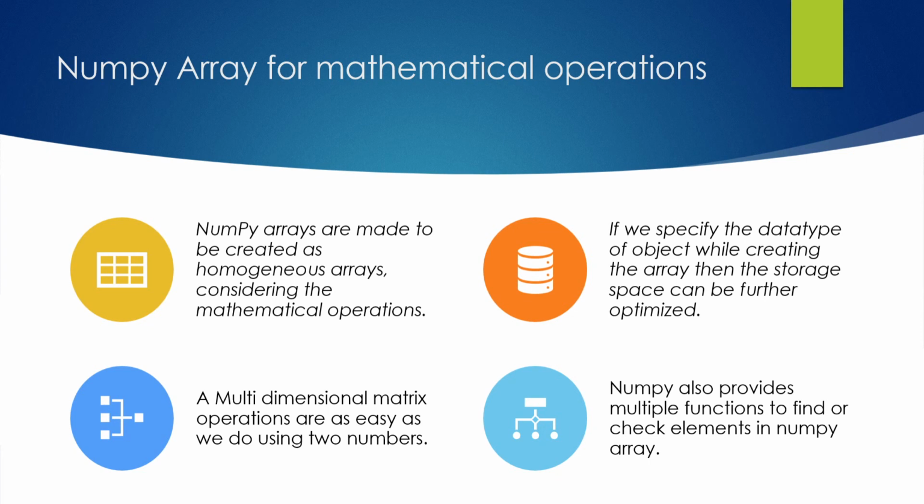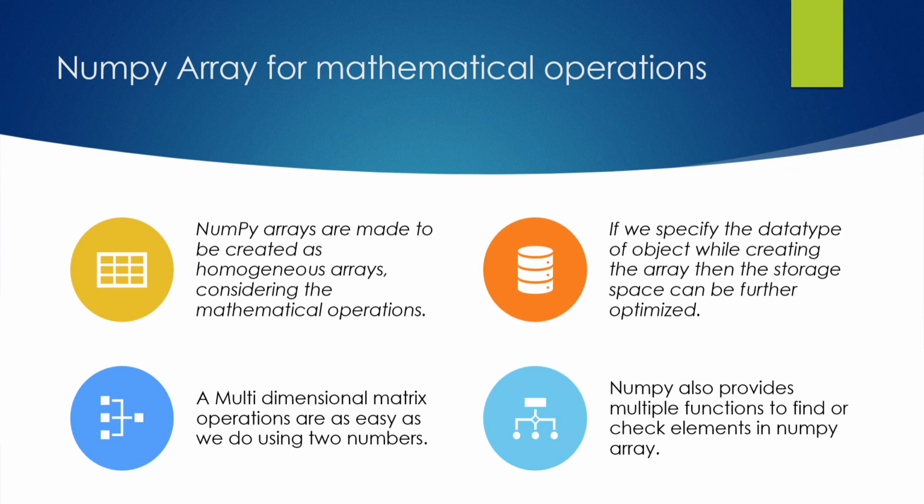So here is a list of why NumPy arrays are the best solution for performing mathematical operations. The first point is that NumPy arrays are created as homogeneous arrays. Python lists are heterogeneous, which means they can store any type of element.